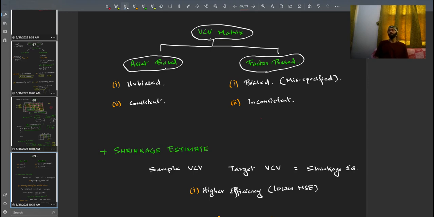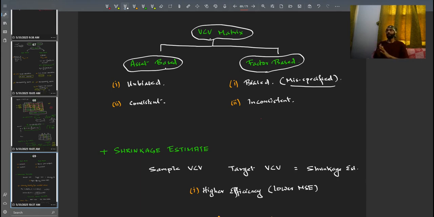Firstly, the factor based model reduces the number of variances and covariances, which is very good in its way, but that also creates misspecification of the model. Misspecification means the factors that are defining the model are not defining it the way they should as per the empirical or real world results.